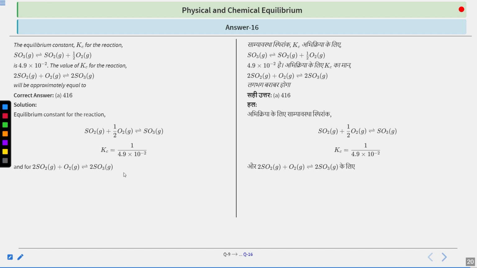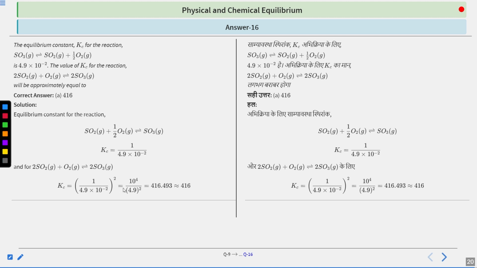So what will happen to the equilibrium constant? It will also get squared. So that will be 10 to the power 4 on the upside, because this 10 to the power minus 2 has gone upward, divided by 4.9 whole square, that will give you 416.493, or approximately we can write it as 416. So this is your Kc for the new reaction.